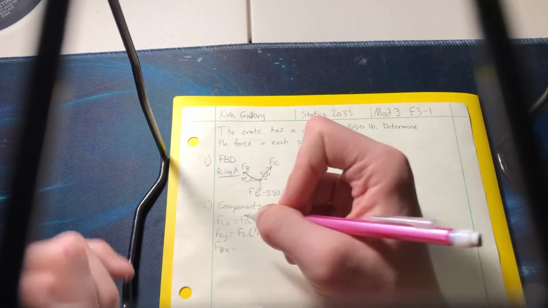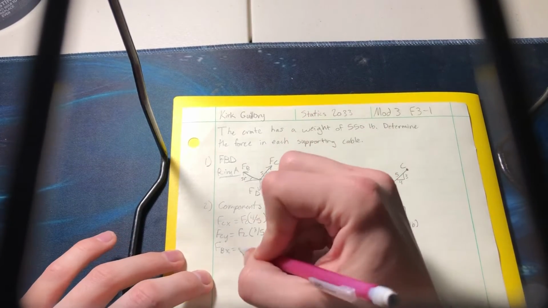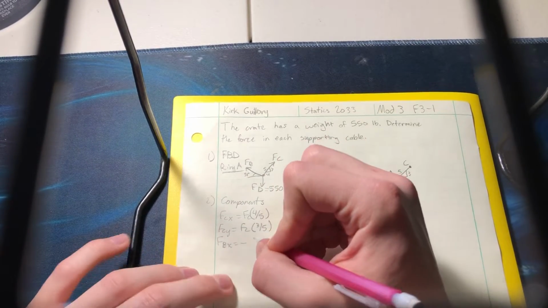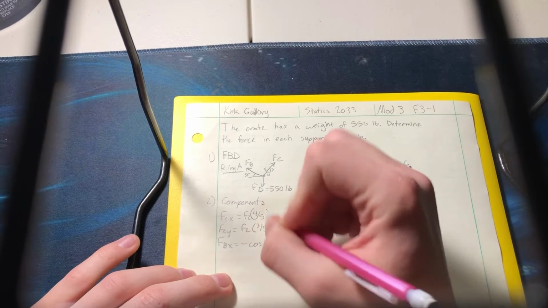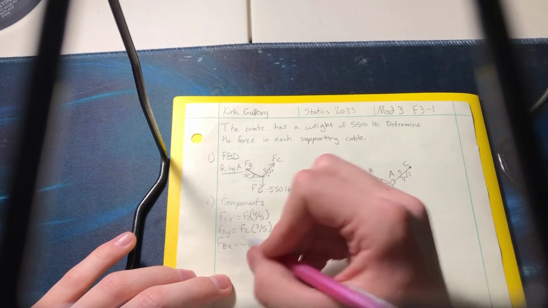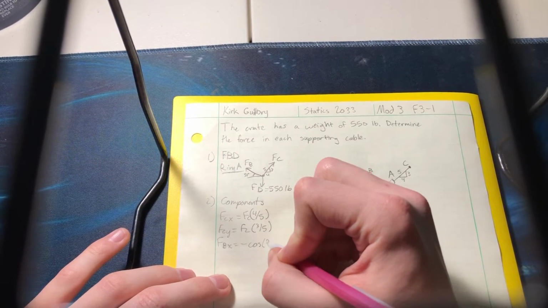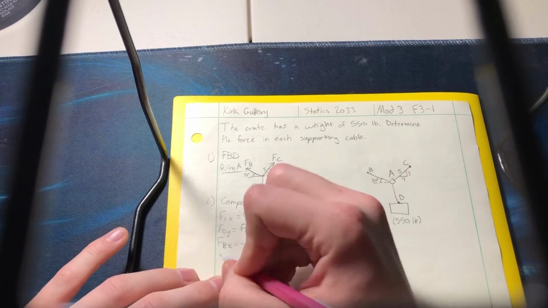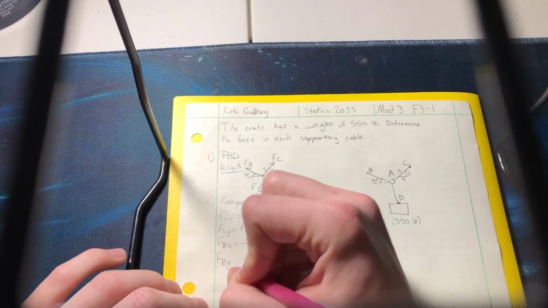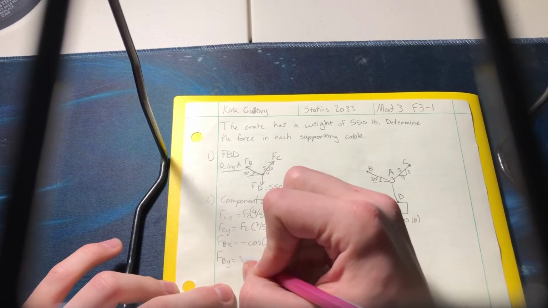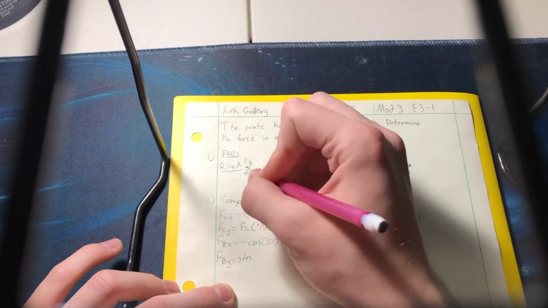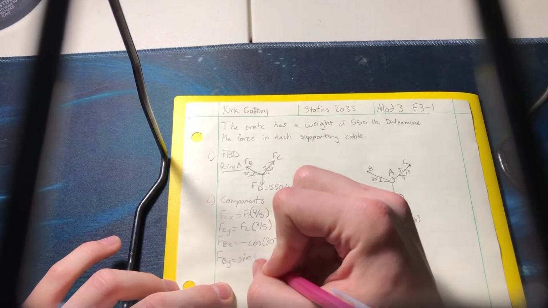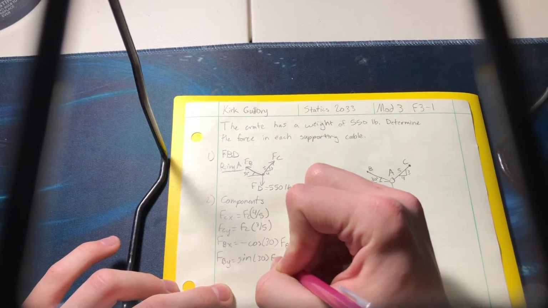FBX would be negative because it's acting backwards. Cosine, because it's adjacent to the x, of 30 times itself. And then FBY is going to be positive, and then sine, because it's opposite of the 30, times itself.